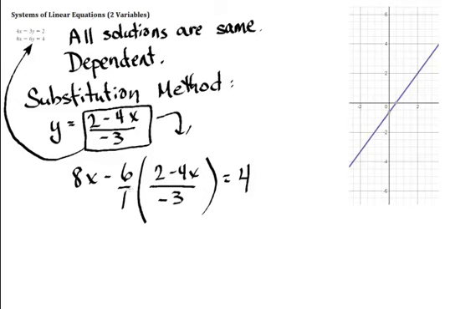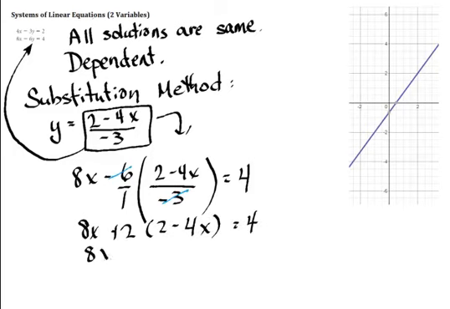I can make this problem a little simpler by saying 8x, and I'm going to cancel this negative 3 into this negative 6 and make that a plus 2 times 2 minus 4x equals 4.